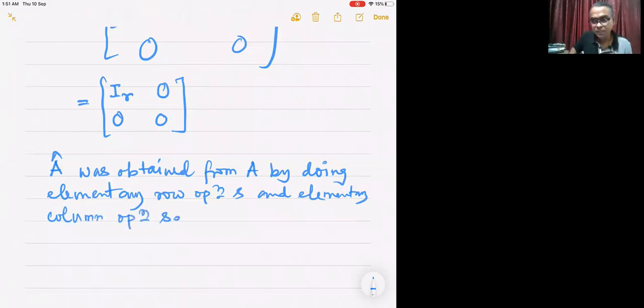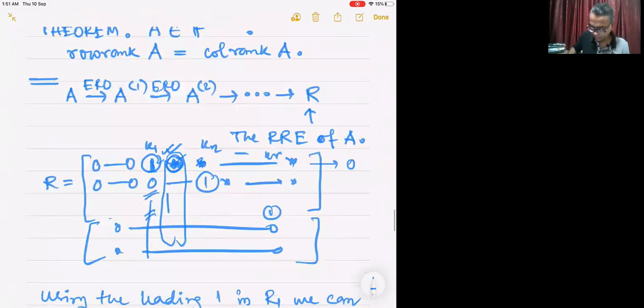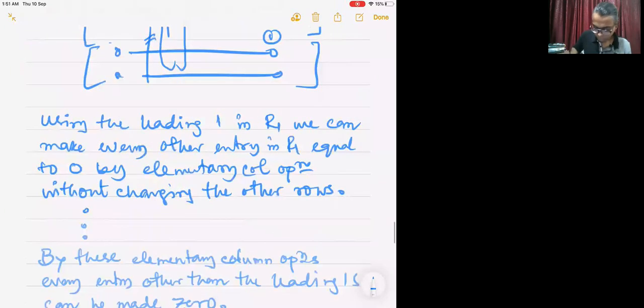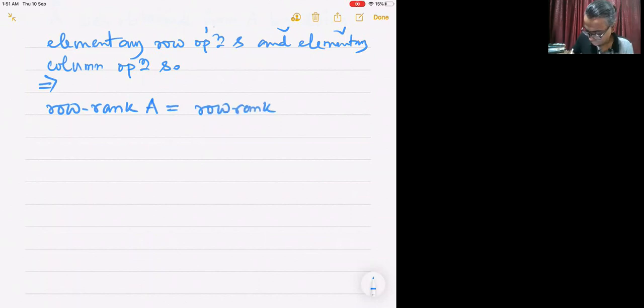Which, by our earlier lemma, would mean that the row rank of A is equal to the row rank of A hat, and the column rank of A is equal to the column rank of A hat.